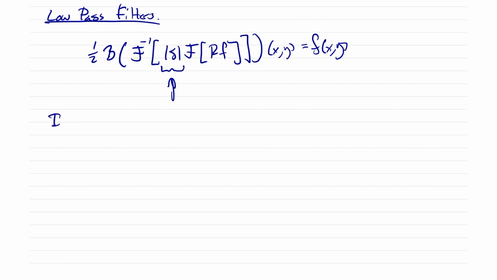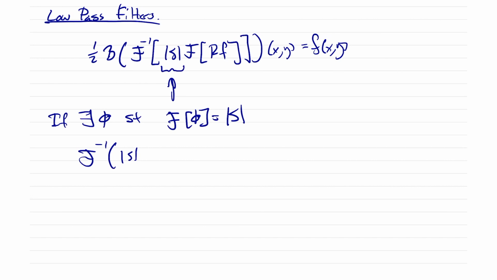If there existed some phi such that the Fourier transform of phi gave us the absolute value of S, then we can use the convolution property to say that the inverse Fourier transform of the absolute value of S times the Fourier transform of RF is equal to phi times the convolution of the Radon transform of F, times some constant here.